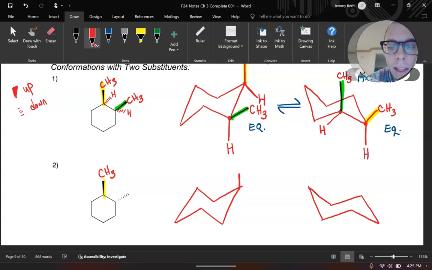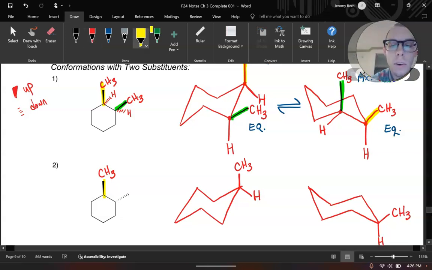I'm going to have an axial up CH3 and then an equatorial down. Then in my chair flip, I'm going to have my CH3 and my H. So it's going to remain an axial up and it's going to remain an equatorial up. Those are the exact same as what I'd had above.